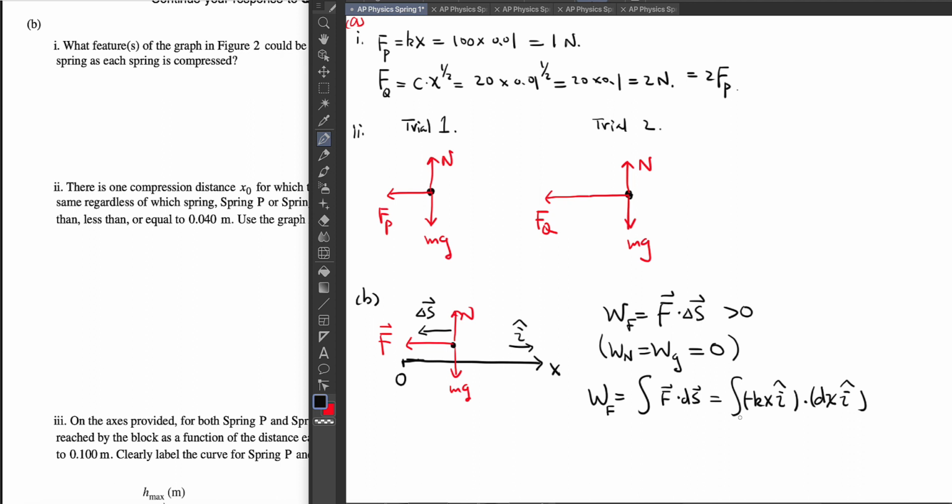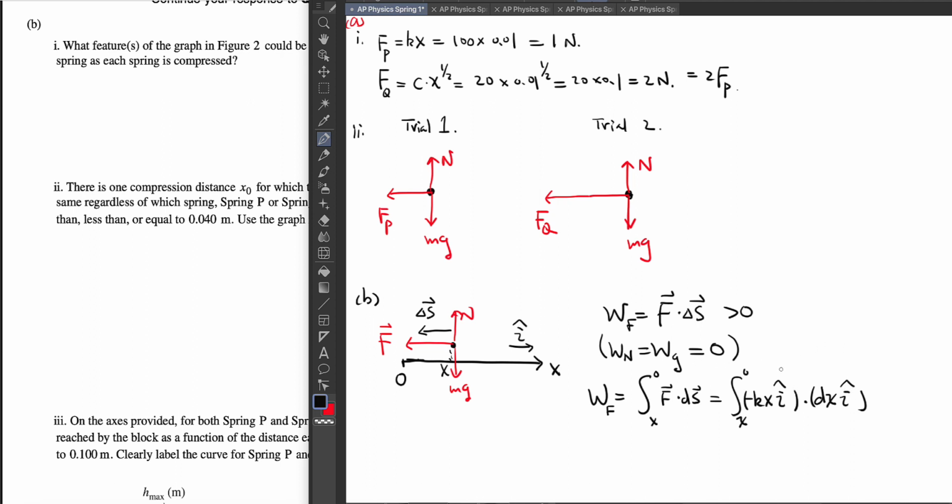All right, so now let's figure out the lower and upper bounds of the integral. The block here is being pushed from this initial position, let's say x, to the origin. So the integration lower bound should be x, upper bound should be 0.